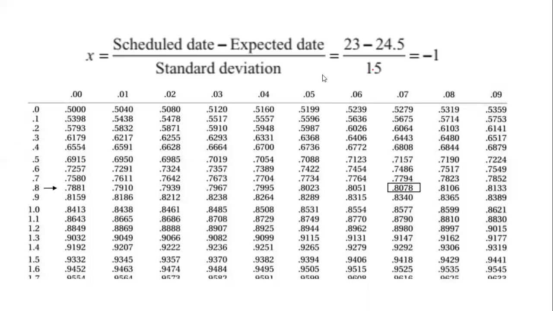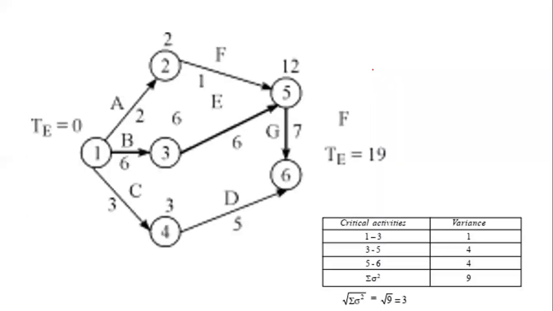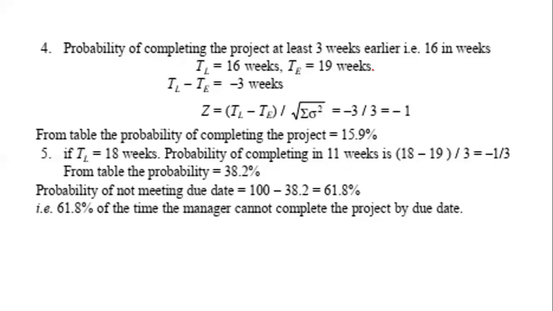Okay, so your value will be 0.33, so 0.3 is here and 0.03 is here. So 0.6293. 1 minus 0.6293 is near about 37%. So your answer will be 37%.